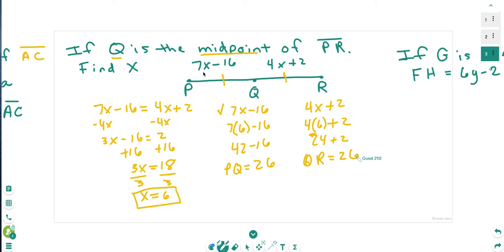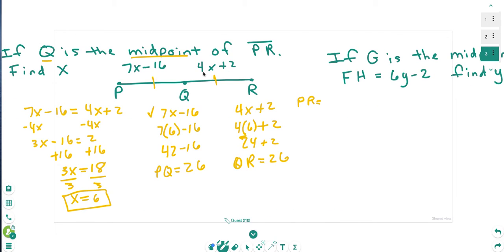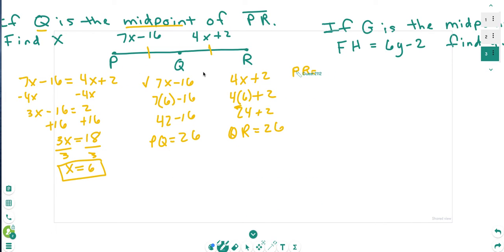Now, if I wanted to know how long PR was, all I would need to do is add. Let's pull this down a little bit so we have more room. PR is equal to PQ plus QR.